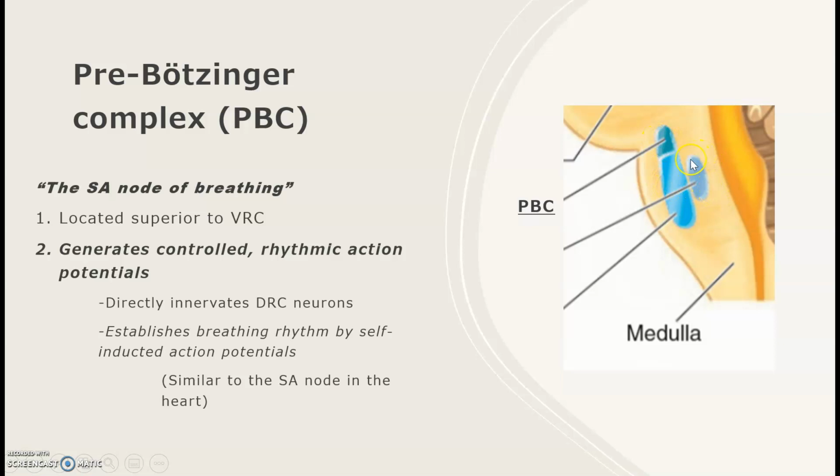So if we think about this DRG, it's kind of breathing normally, you know, like there's a rhythm to your breathing, it's calm, it's relaxed, and studies have shown that this PBC complex is innervating those neurons so that they can establish action potentials in a rhythmic fashion, which is really fascinating if you think about it.